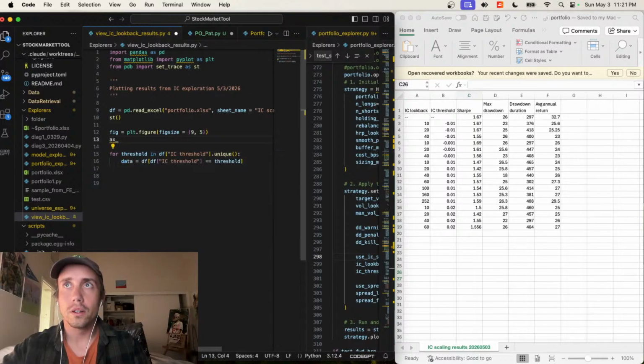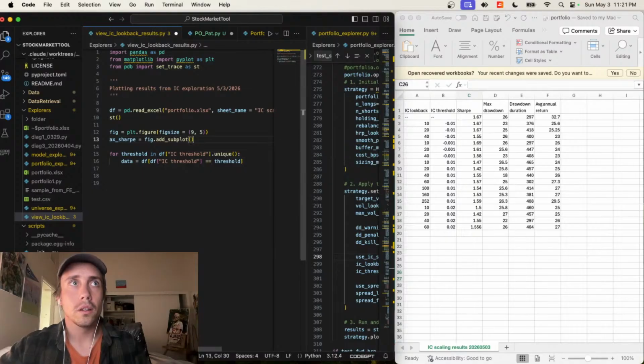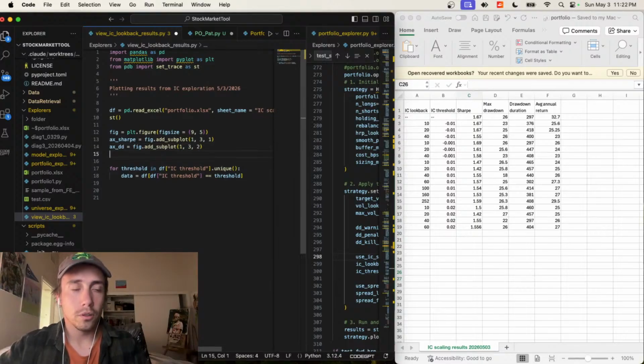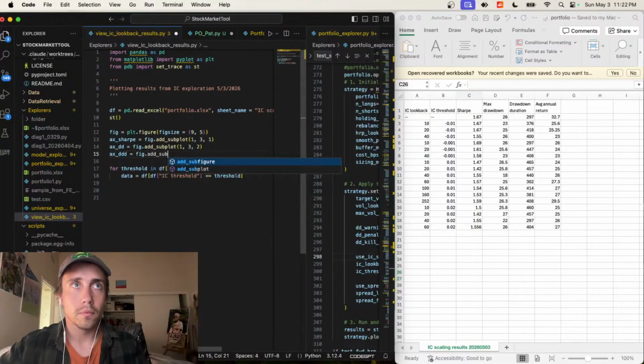Then ax sharp is equal to fig dot add subplot, 1 row 3 columns, number 1. ax drawdown is fig dot add subplot, 1 row 3 columns, number 2. ax ddd, drawdown duration, is fig dot add subplot, 1 row 3 columns, number 3.